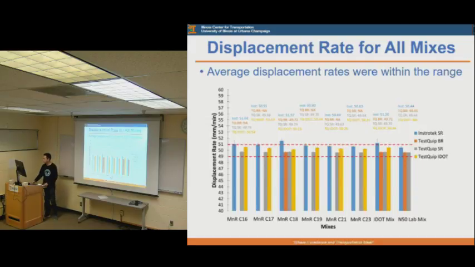This figure shows the displacement rate for all the machines from all the mixture testing. As you can see, we can conclude that average displacement rates were within the range, with only some outliers. For instance, the Instrotech spring rotor from the Maine Roads test C6, C18 mix, and the Instrotech spring rotor from the I-DOT mix test.